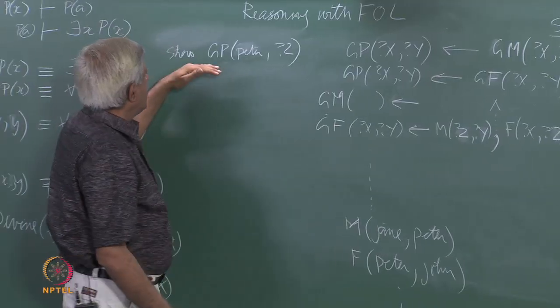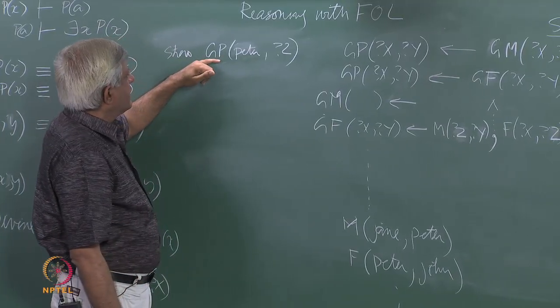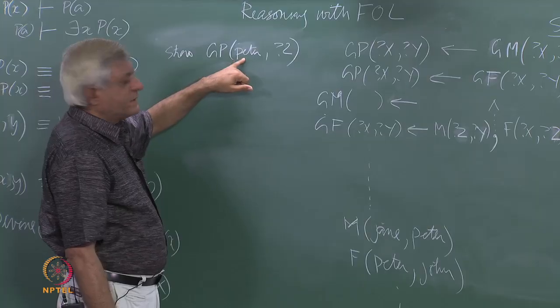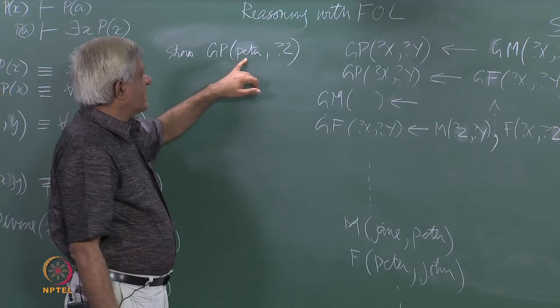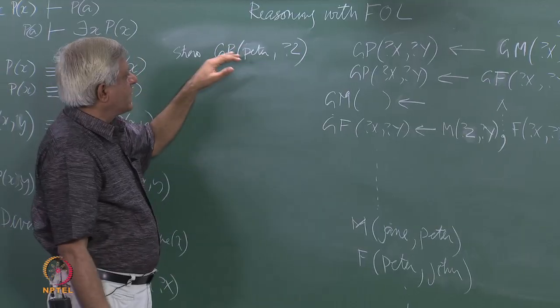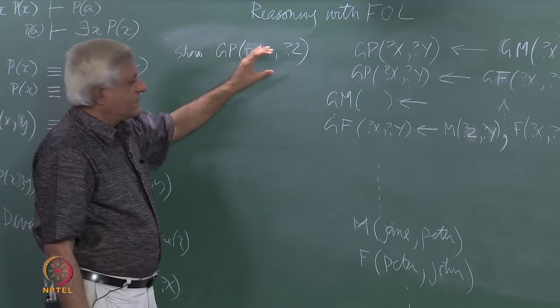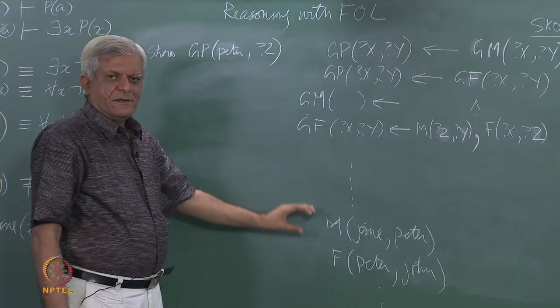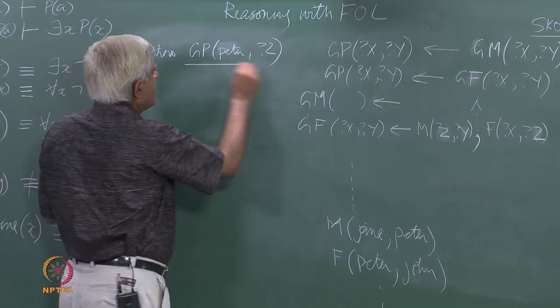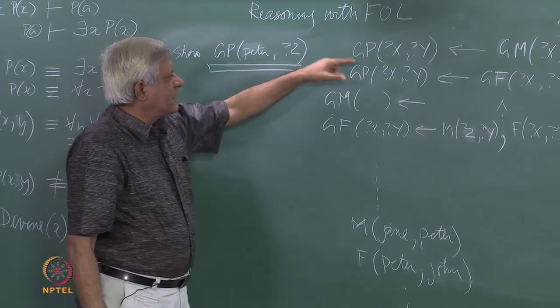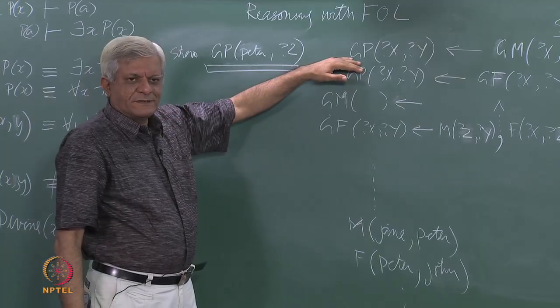So, if I ask a query like that, is there someone who is Peter's grandson, or to be more precise, someone whose grandfather is Peter, then Prolog starts looking from top to down, trying to match this with the things on the left hand side. In this example, very conveniently it matches the first element itself.